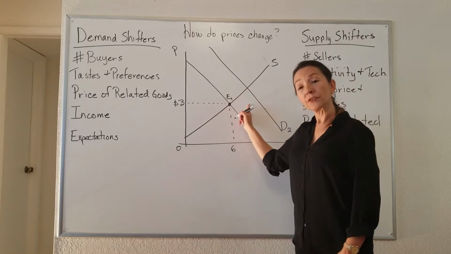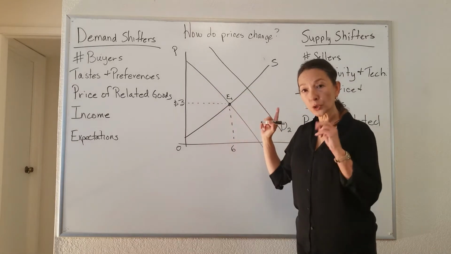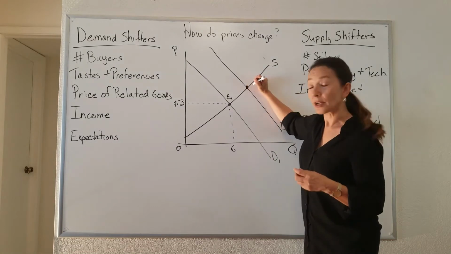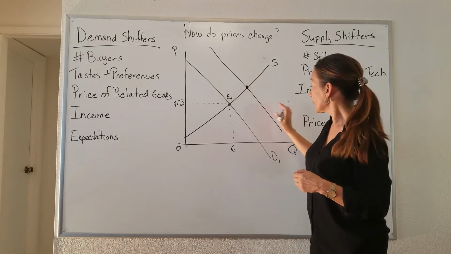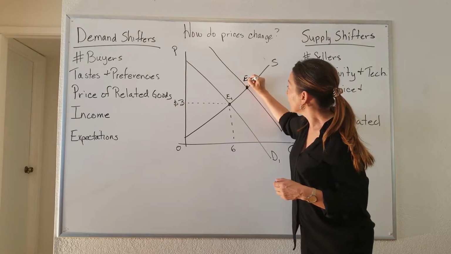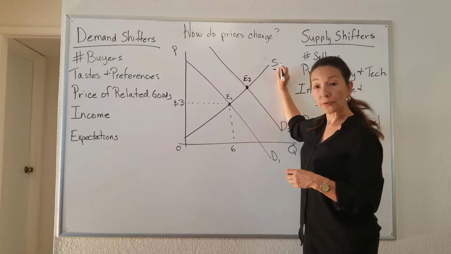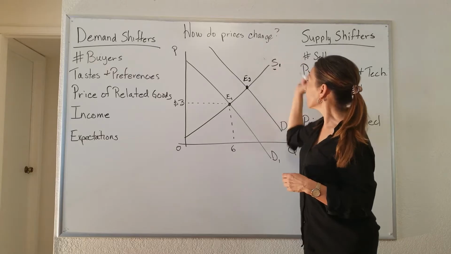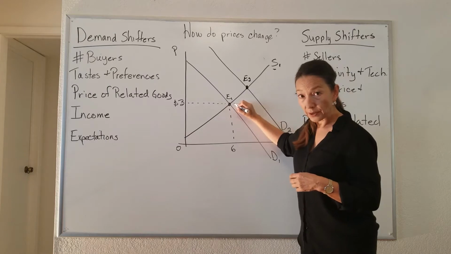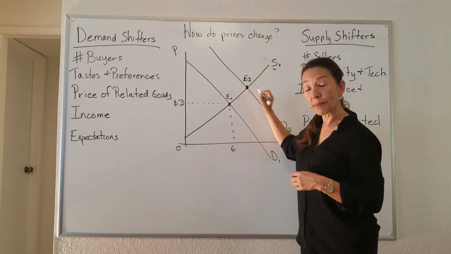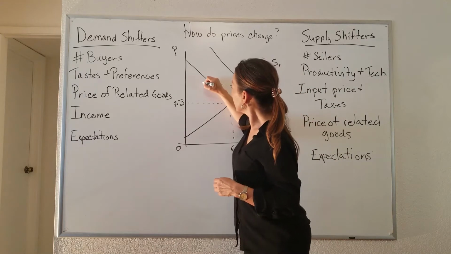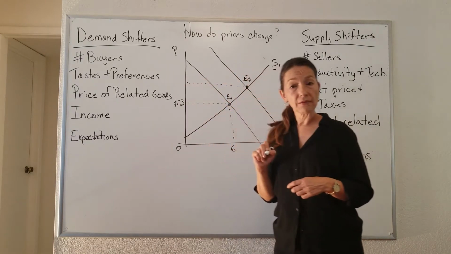When the demand curve shifts to the right, two things happen. We can see that we are now at a new equilibrium with our new demand curve. We're going to call this E2. Note that the supply curve has not changed. This is still supply curve 1. Now that the demand curve has shifted to the right, prices have gone up.